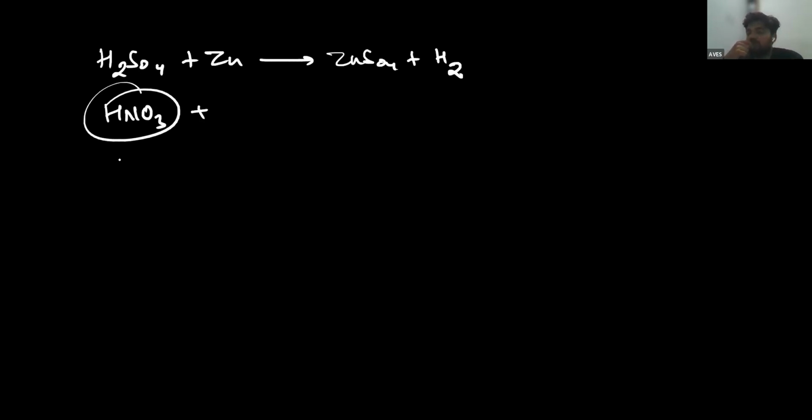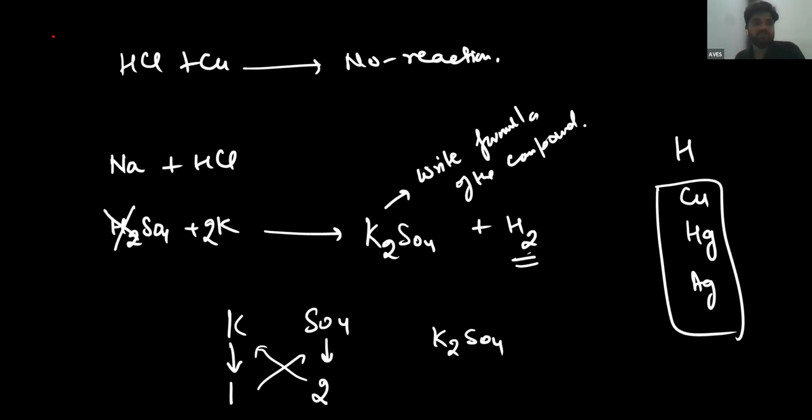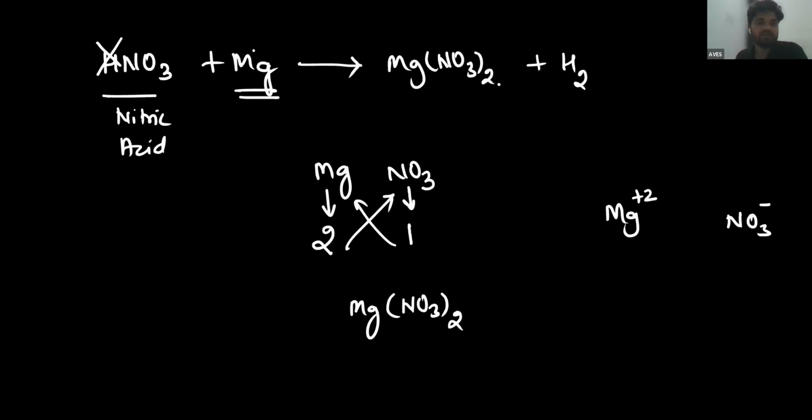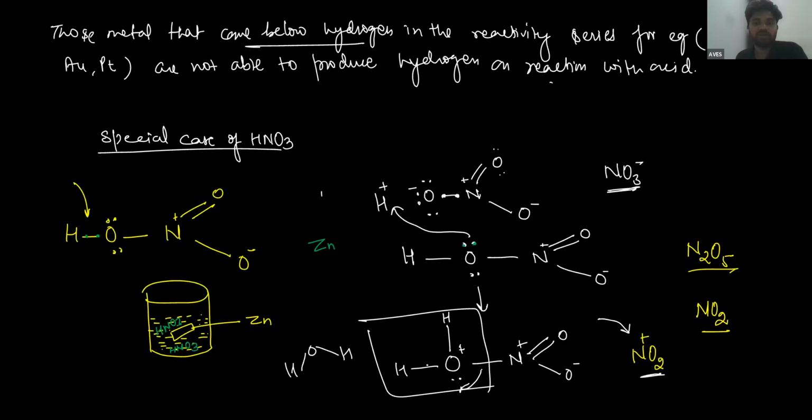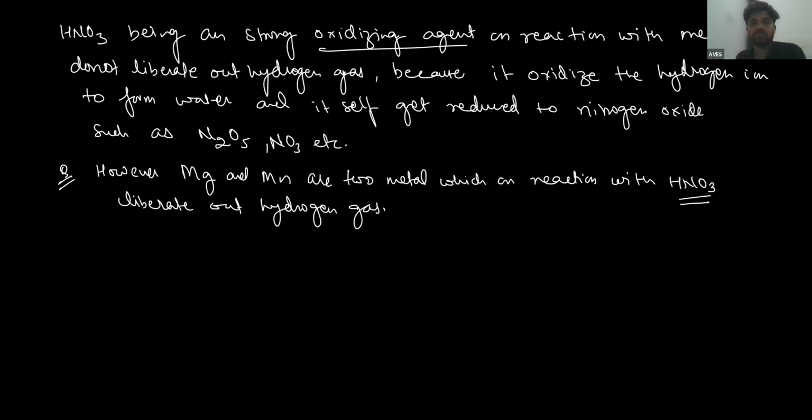Yes, sir. So we have to write one question here. Let me check whether I have written it already or not. If it is written, there will be no need to write it again. Okay, write it down. HNO3 being a strong oxidizing agent, write this case.